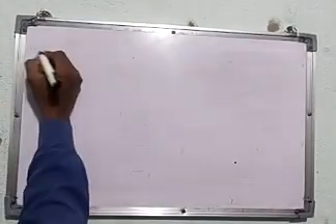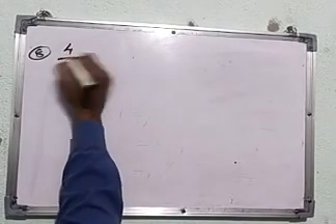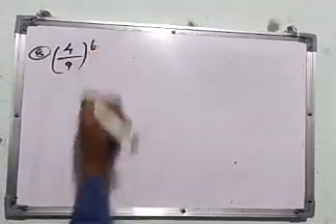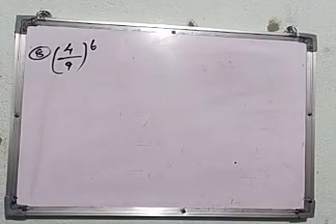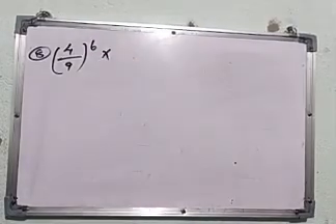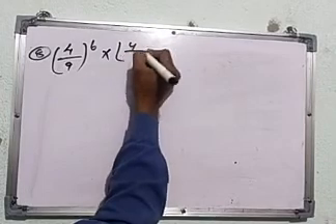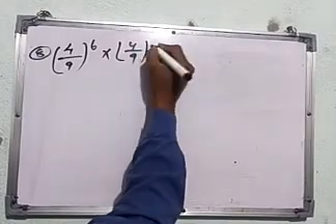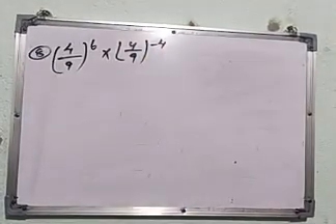Come question 8. Your question is 4 by 9 to the power 6 into 4 by 9 to the power minus 4.